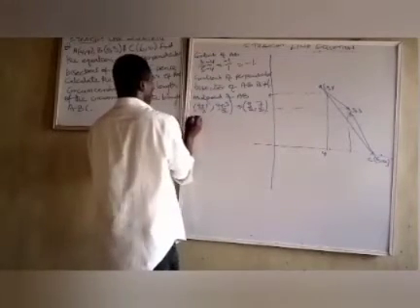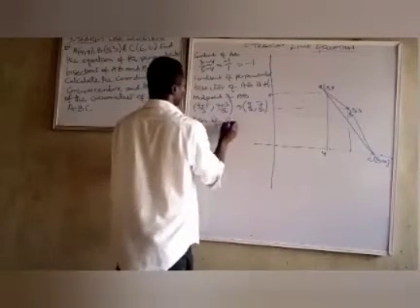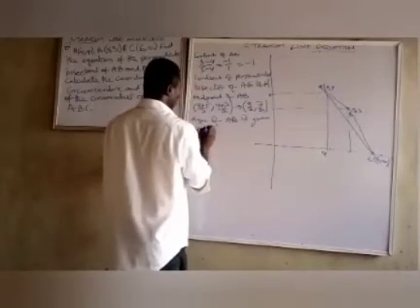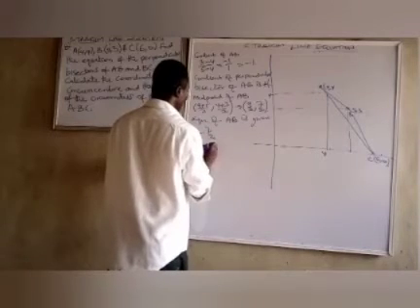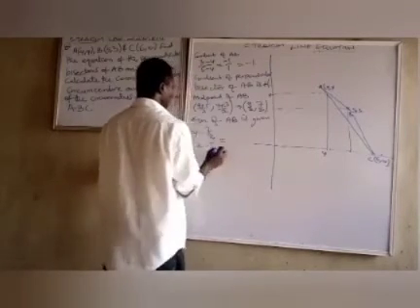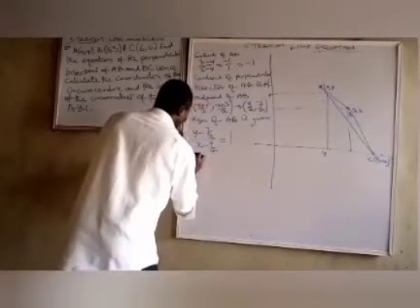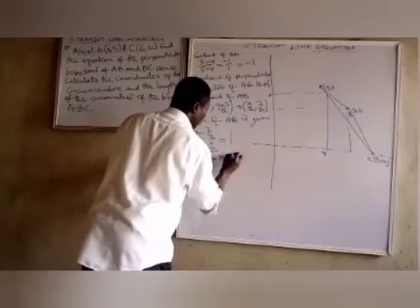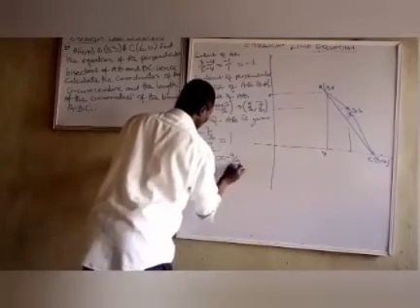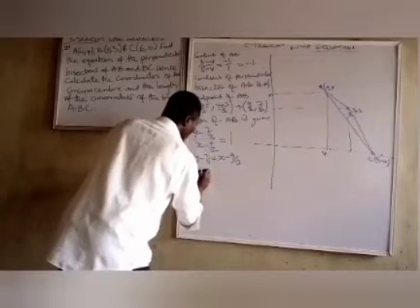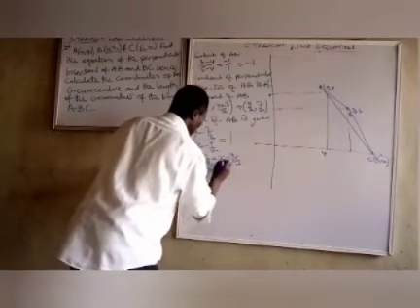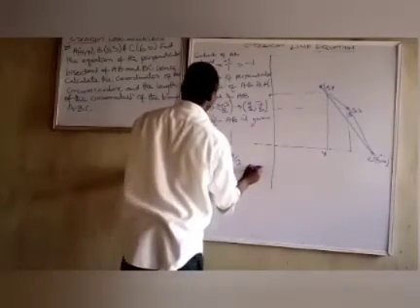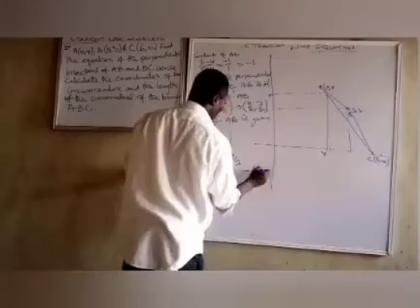So the equation of the perpendicular bisector is given by y minus 7 over 2 over x minus 9 over 2 is equal to 1. So I have y minus 7 over 2 is equal to x minus 9 over 2. So y minus x is equal to minus 1. That is for the perpendicular bisector of AB. So I call that one 1.